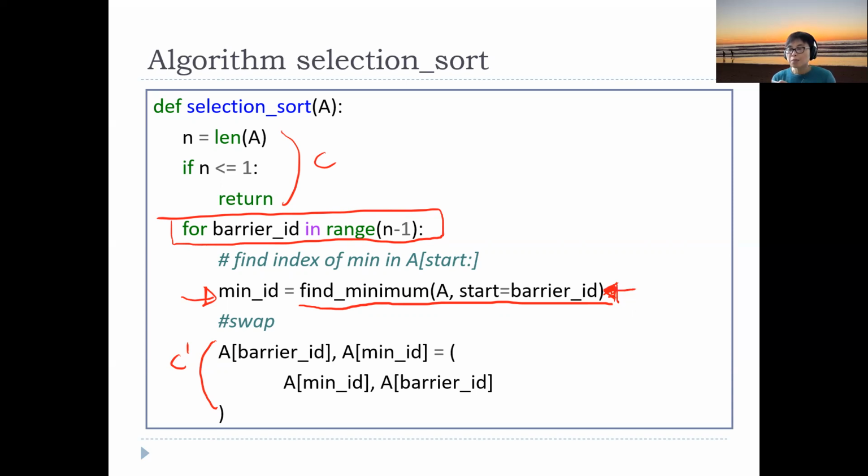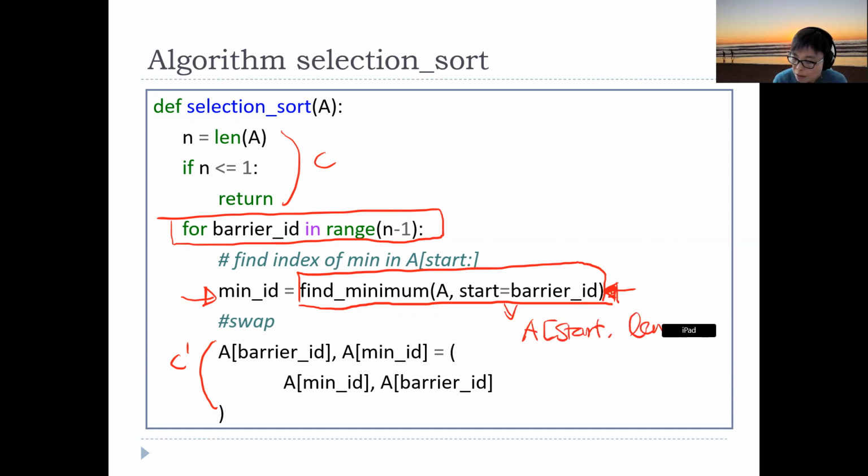Now, finding the minimum: this subroutine is looking for the smallest number among the portion of the array from start to the end, say n minus 1. The way it works is that it looks at every element inside and keeps remembering the smallest one you've seen so far.